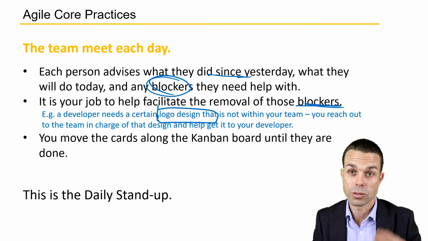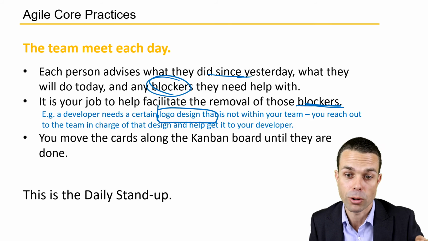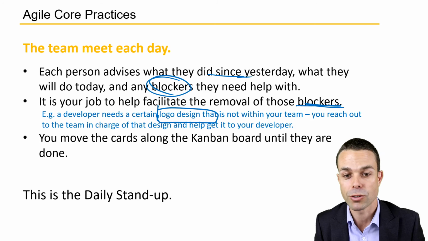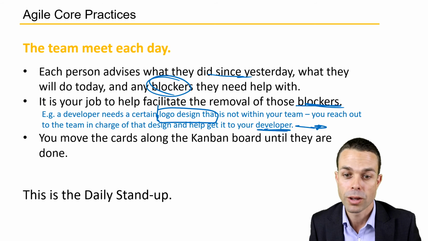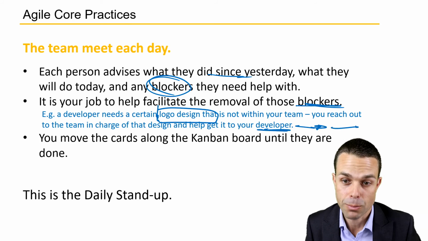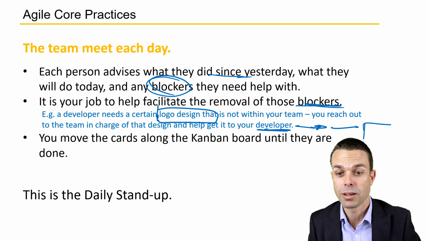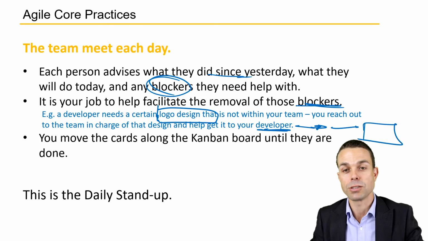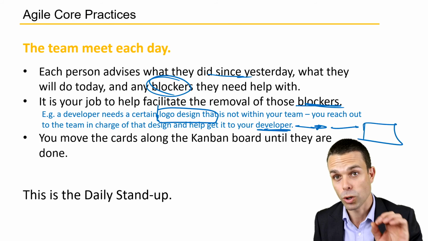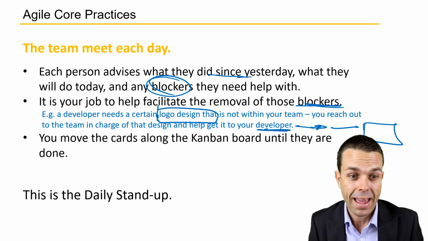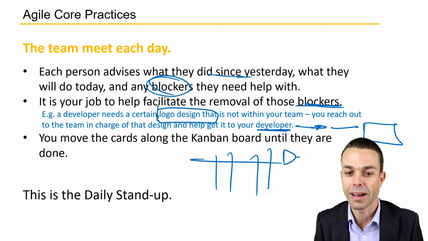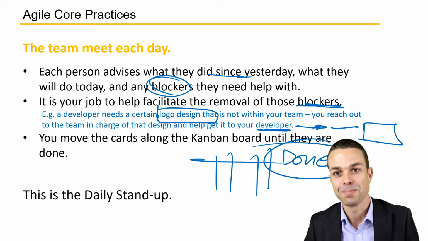So now it's your job to help facilitate that process. You reach out to the team in charge of that design and you help get it to your developer. Maybe you set up a meeting for everyone to talk it through. Maybe you help that other team work through any constraints they have in getting someone assigned to design that logo for you. Basically, it's your job to get rid of those blockers so the work can proceed. And you move those cards along the Kanban board until they are done.